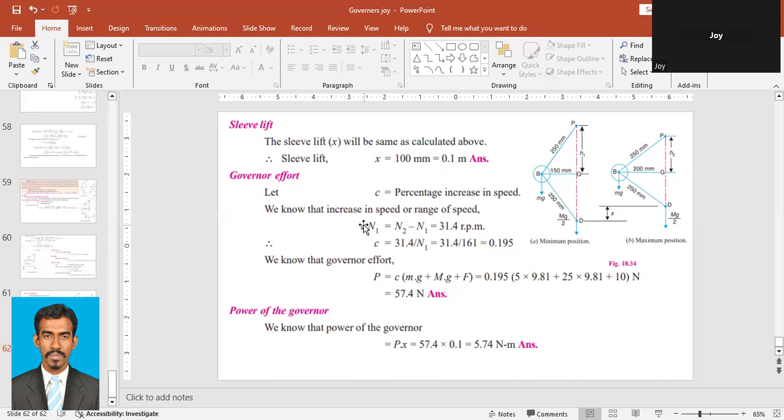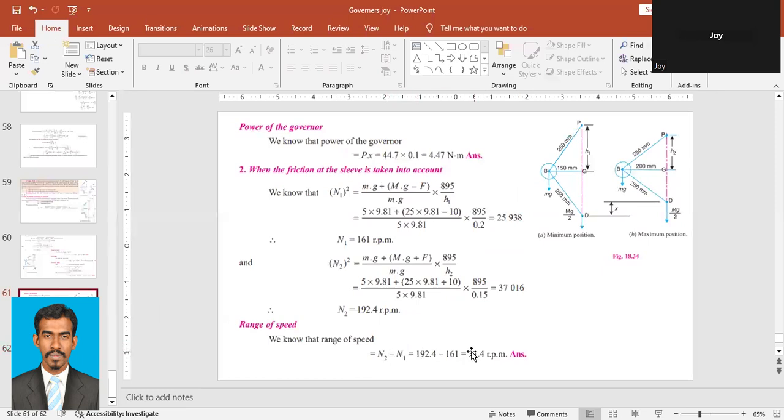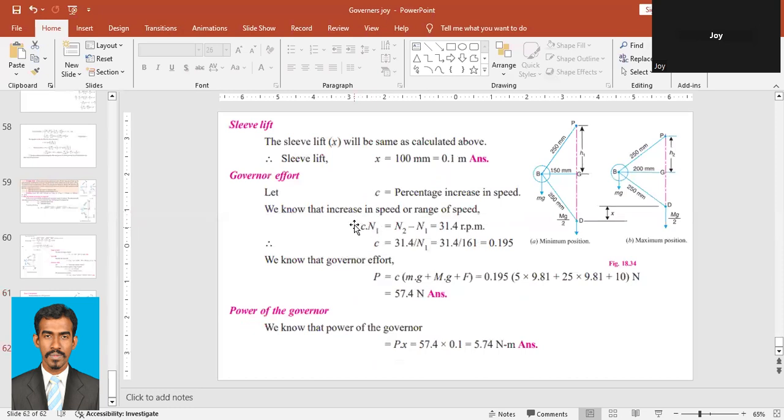C is the percentage increase in the speed, N1 is the initial speed, so N1 into the percentage increase of the speed will give us the range of speed, N2 minus N1. We have already found N2 minus N1 is equal to 31.4. From this we can find C.